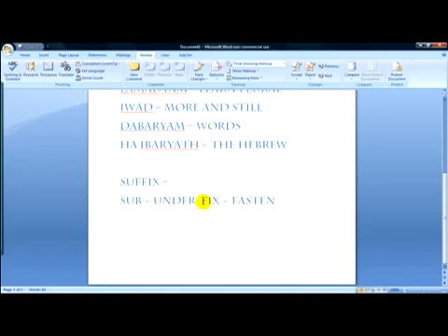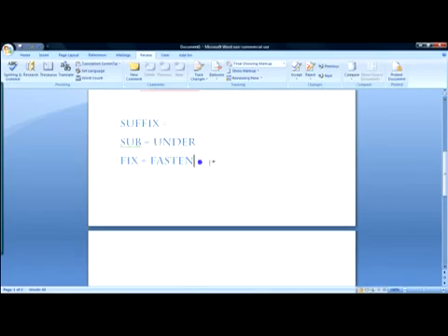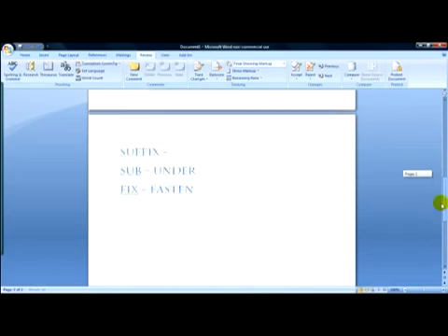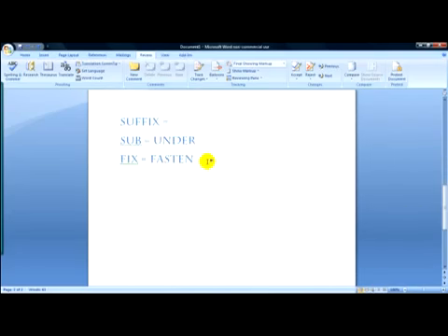So the word suffix is sub, under, and fix, fasten, because at the end of the word you fasten this suffix. We're going to go through the Hebrew suffixes, which are letters added at the end of a word. It could be an actual letter, or it could be a couple of letters added at the end of a word to give it the ending.